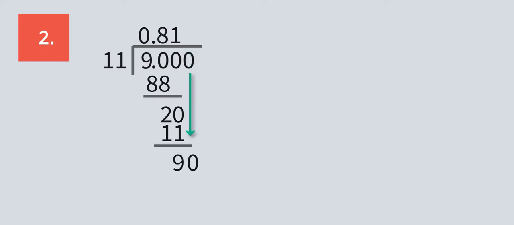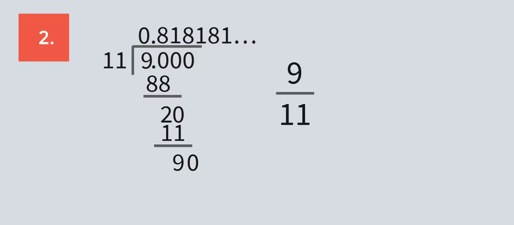Bring down your 0. And now we're going to notice a pattern, because then we're going to have 8 again. That's going to give us 88, which is going to leave 2. Bring down another 0. And we're going to get another 1. So it's going to repeat 81 after the decimal. So 9/11 as a decimal is going to be 0.81 repeating.